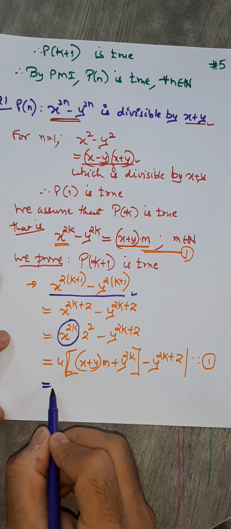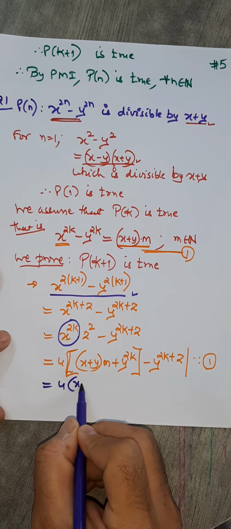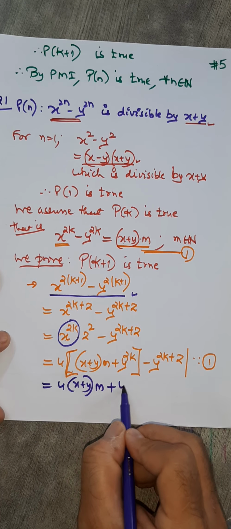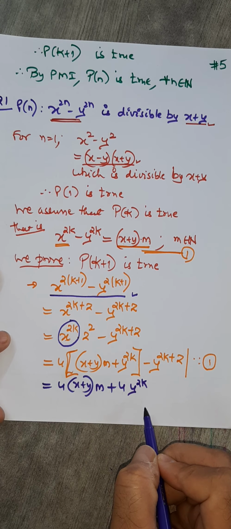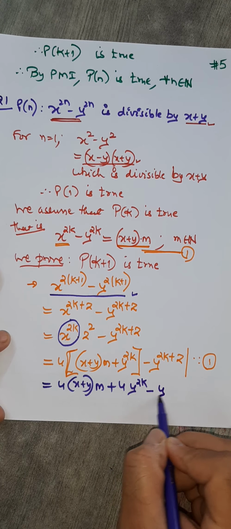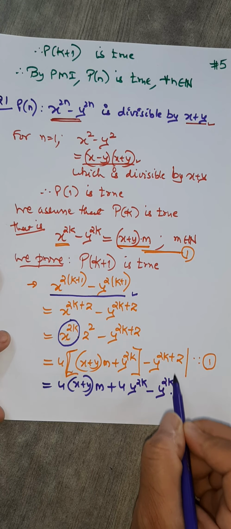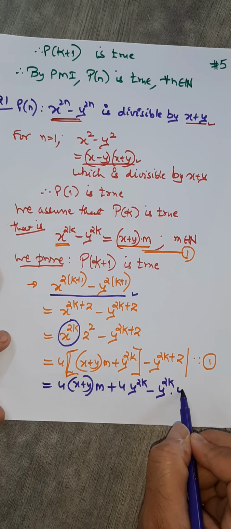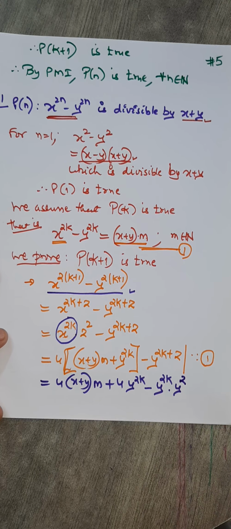So let's simplify here. So 4 into x plus y into m plus 4 into y raised to 2k minus this one, y raised to 2k into y square.